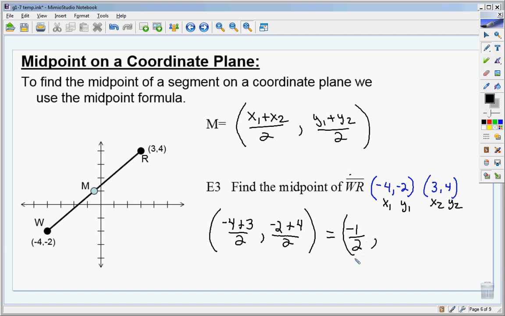So the x-coordinate of the midpoint is -1/2. -2 plus 4, 2 divided by 2 is 1. So the ordered pair at M is -1/2, comma, 1.